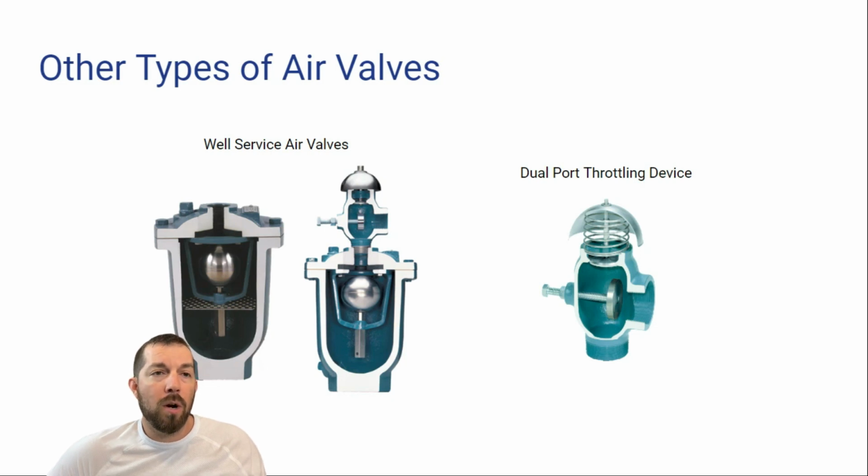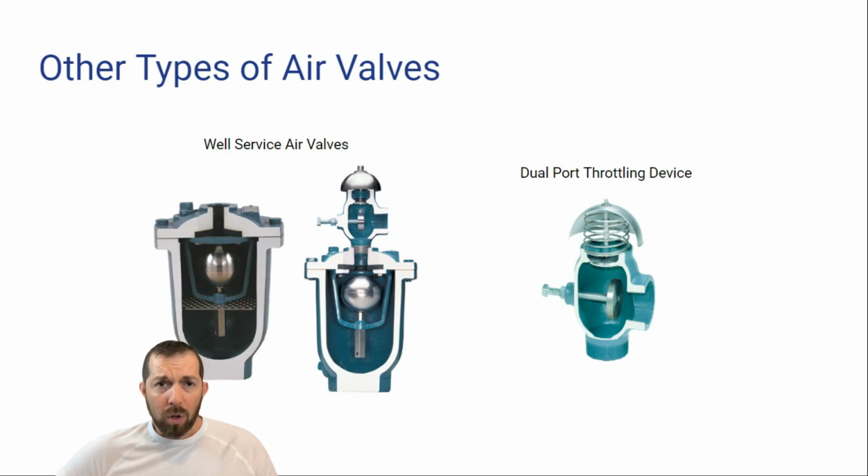And then the one on the right, the well service, we have that dual throttling device up top. Basically, we are throttling the air that's coming out of that air valve at a controlled rate. If a vacuum event happened, we got that little hood up top that is going to allow the proper amount of air back into the air valve to protect the system.